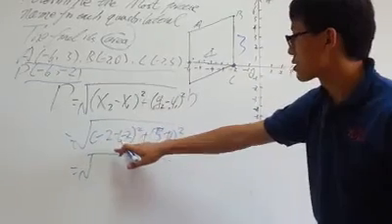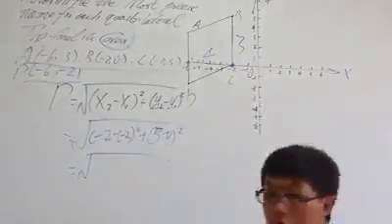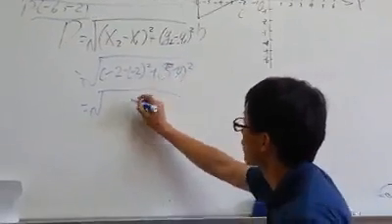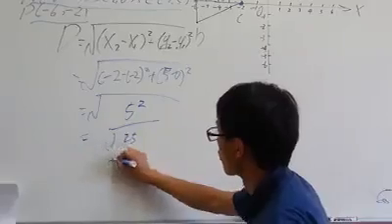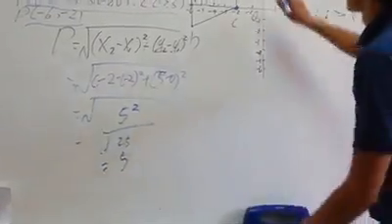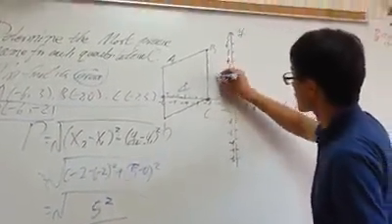Negative 2 plus 2 is 0, so we have only 5 squared, then the square root of 25 gives us 5. So the final base is 5.